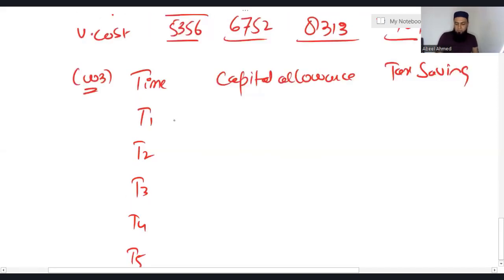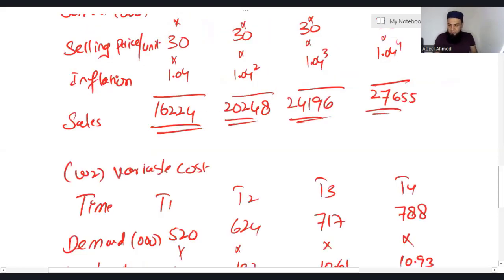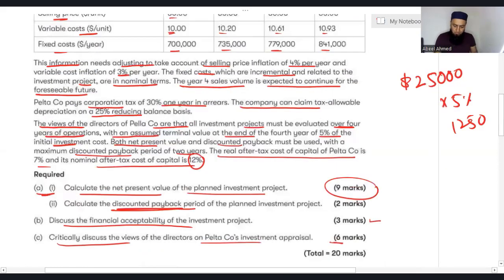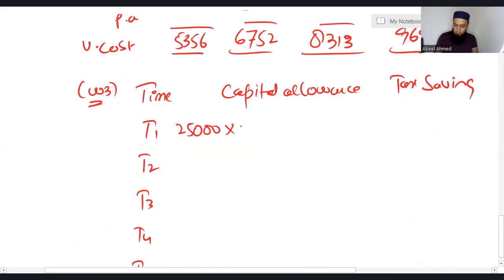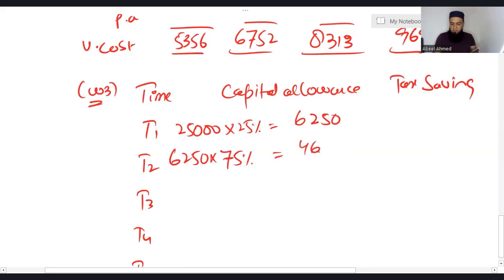So I'll take 25,000, which is the initial investment, into the tax depreciation percentage of 25% reducing balance. So 25,000 into 25%, I'm getting 6,250. 6,250 into 75% gives 4,688 with a little bit of rounding off.